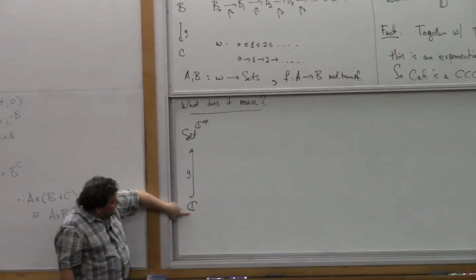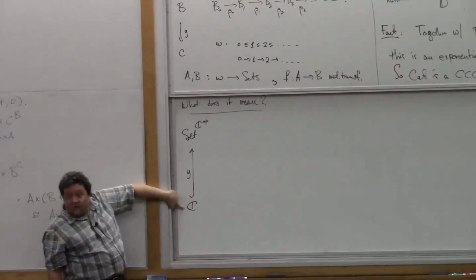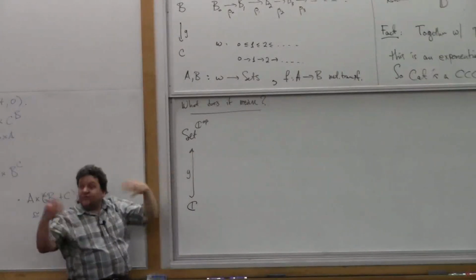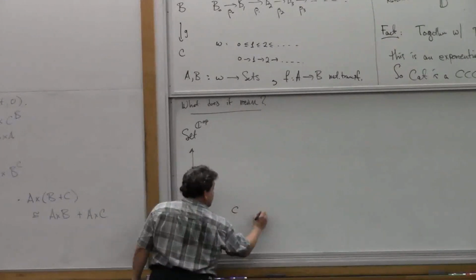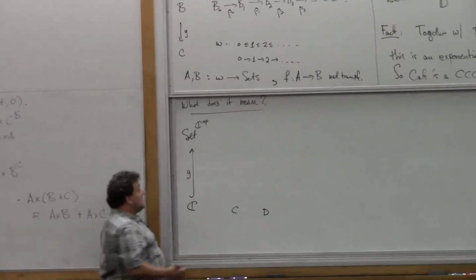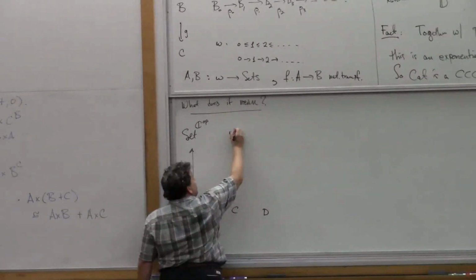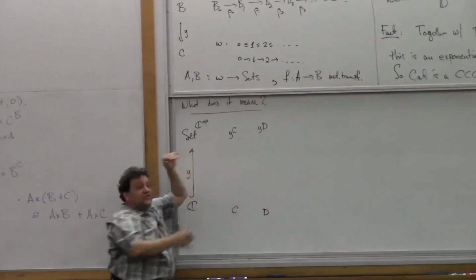And now, if we knew that this embedding was really good, and we want to study this category, we could go up here, use that machinery to prove things about the objects in C. So we take C and D, we want to prove something about them. We send them up here with the Yoneda embedding, and now we use some higher order machinery up there.